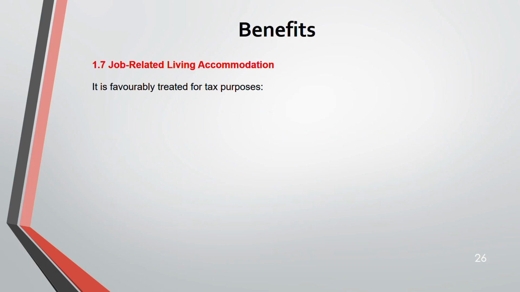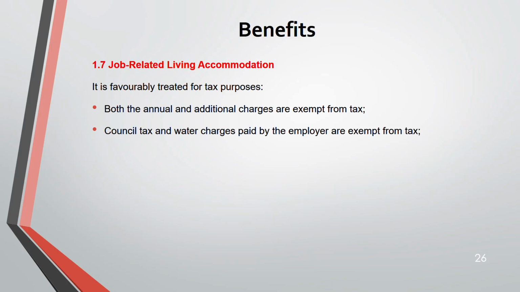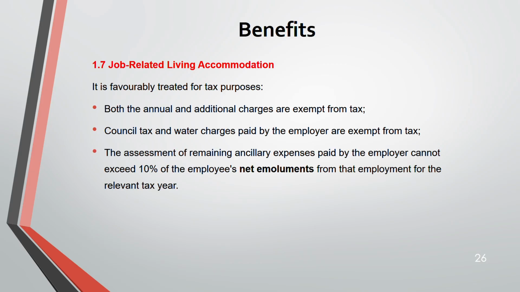Now, this is favorable in terms of tax. Why? See, living accommodation, just now we have calculated the house annual value with additional charges, where the value was more than 75,000. But if it's job related, both your annual and additional charges are exempt from income tax. Council tax, water charges, exempt.